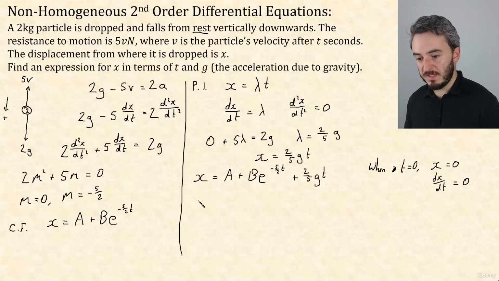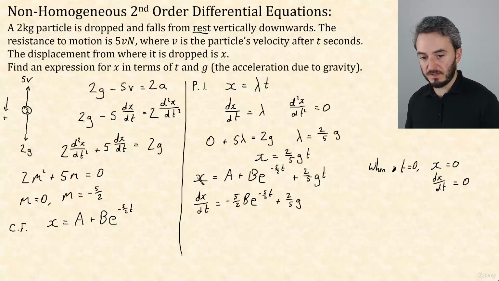Let's find dx by dt here, so we can sub in. So A goes, we're left with minus 5/2 B e to the minus 5/2 t plus, and then we just get 2/5 g, the constant part of that. All right, so let's sub in 0 for x and 0 for t.